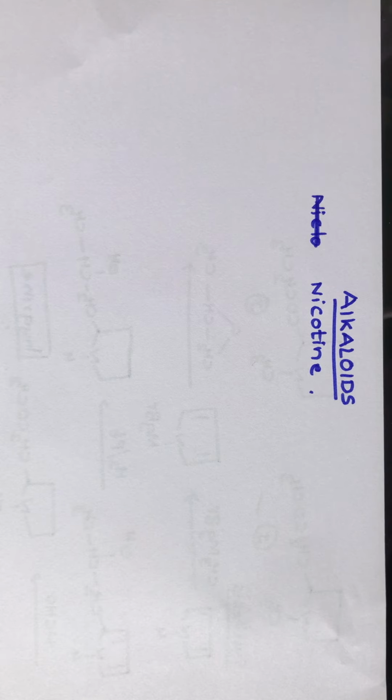Now, isolation. Tobacco leaves or bark is powdered and extracted with dilute acids. Water-soluble salts of alkaloids are thus removed in the solution, leaving behind insoluble plant material. So the main thing that we need to concentrate on is the structure, the constitution of nicotine, and then its synthesis.